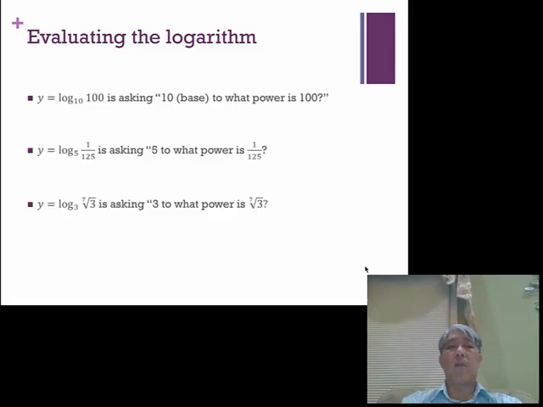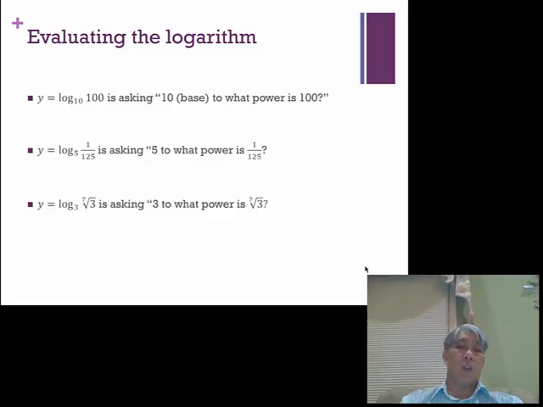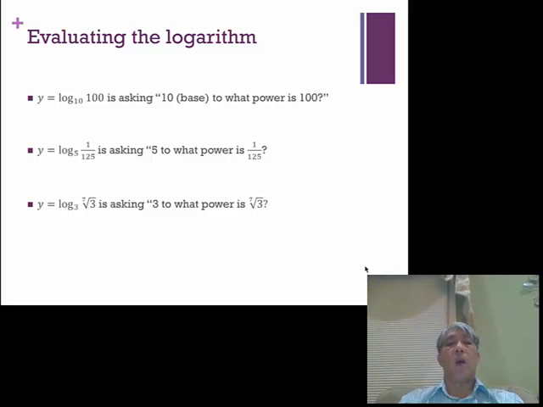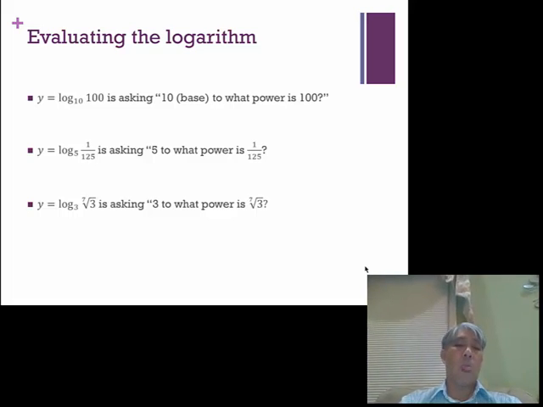So, evaluating the logarithm. The point of the logarithm is to basically give you the exponent. A lot of times, we're more interested in the exponent than we are in the number itself. If I have y equal to log base 10 of 100, we're basically asking what exponent gives 100 if I started with a base of 10? Well, 10 squared is 100, so log base 10 of 100 simply becomes 2.